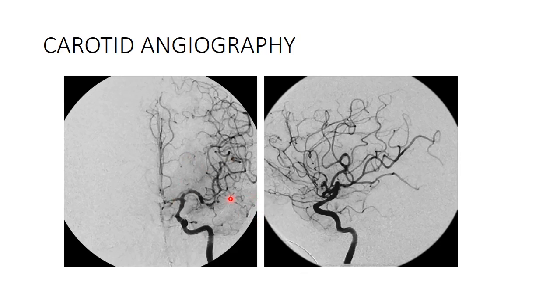and then a contrast material is introduced into the internal carotid artery through a catheter and radiographs are taken. This is obviously an invasive procedure, but it is painless, and it is used to determine the blockage of the arterial lumen, right? So this is your carotid angiography.